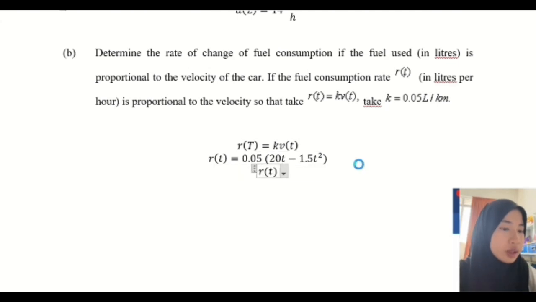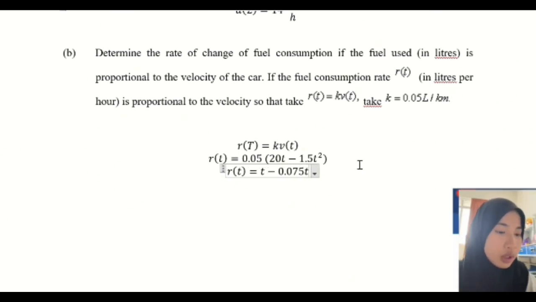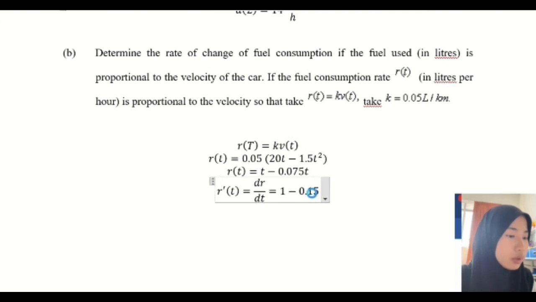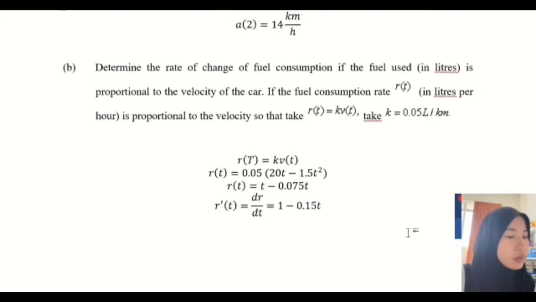So we got the answer, which is t minus 0.075t squared. And then rate of change means R prime (t), so we need to differentiate this. So dR over dt equals 1 minus 0.15t. So this is the final answer.